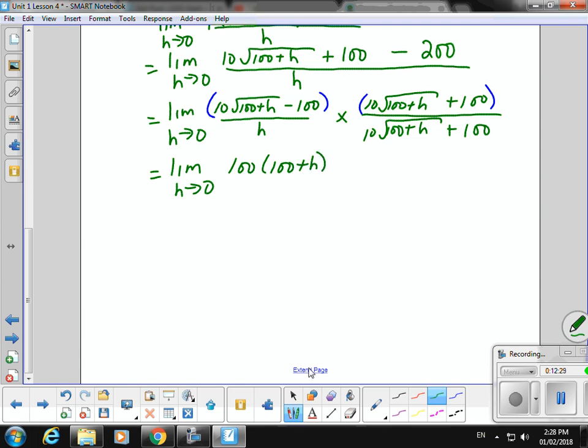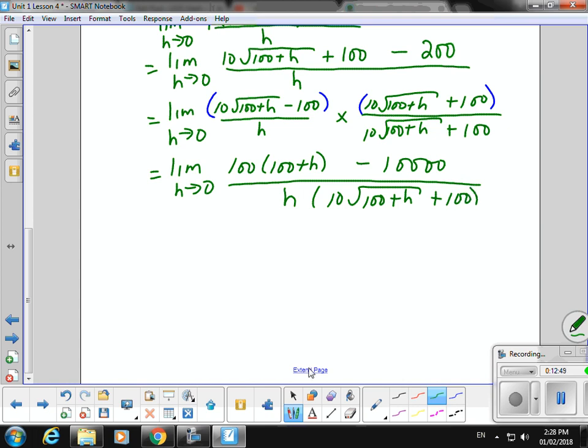And then last would be negative 10,000. All over the denominator, ugliness, h times that. I'm not even going to tidy that up because I know I'm putting a 0 in there in a bit anyway, so why would I go to the headache?